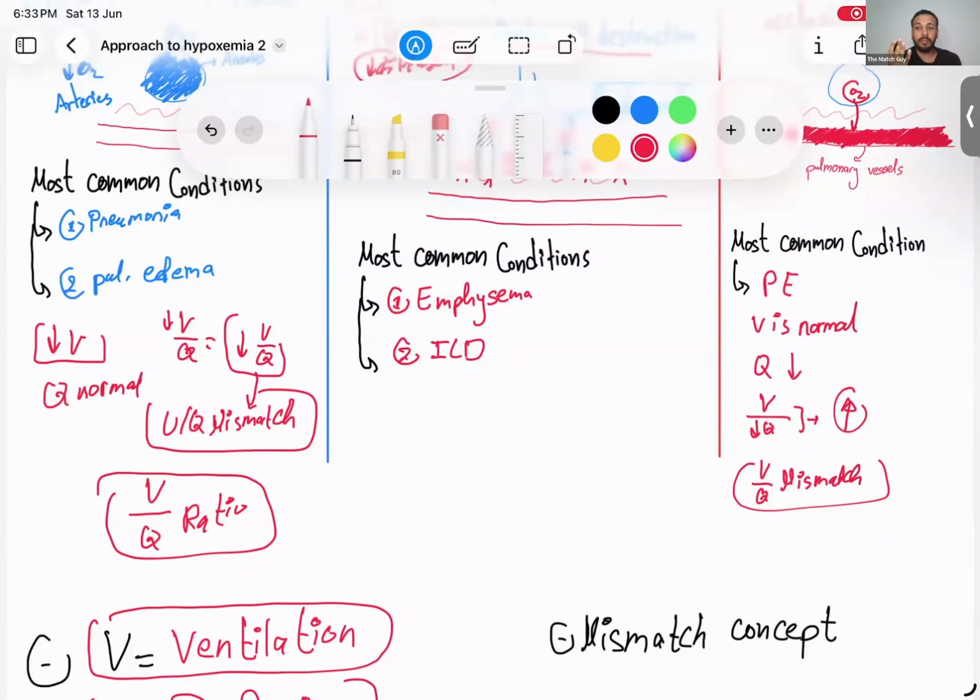Like, how is pneumonia VQ mismatch and pulmonary embolism is also VQ mismatch? It's because pneumonia leads to decreased VQ, while pulmonary embolism leads to increased VQ. Either way, they deviate from the normal VQ range. And for both of them, whether it's increased or decreased, we call it VQ mismatch.